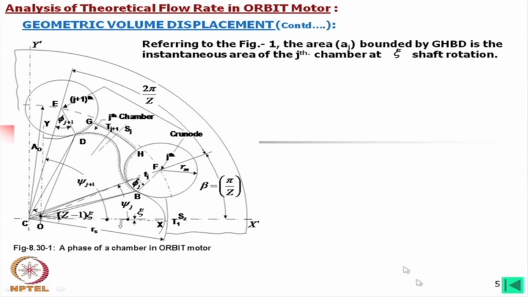Now, in the next slides, referring to this figure, the area AJ means the area of the jth chamber at an instant when it has rotated by any angle. It is the area bounded by GHBD.